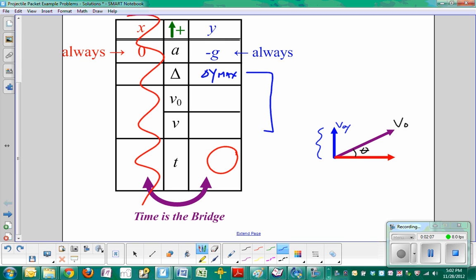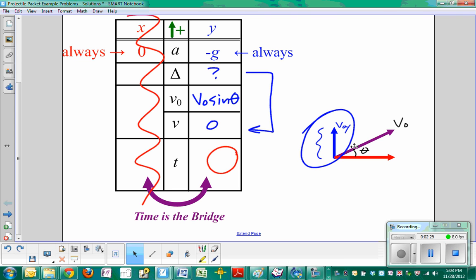So those go together, and our delta y max is unknown, and our V naught y, we know, is V naught sine theta. That's this component right here of our initial V naught.